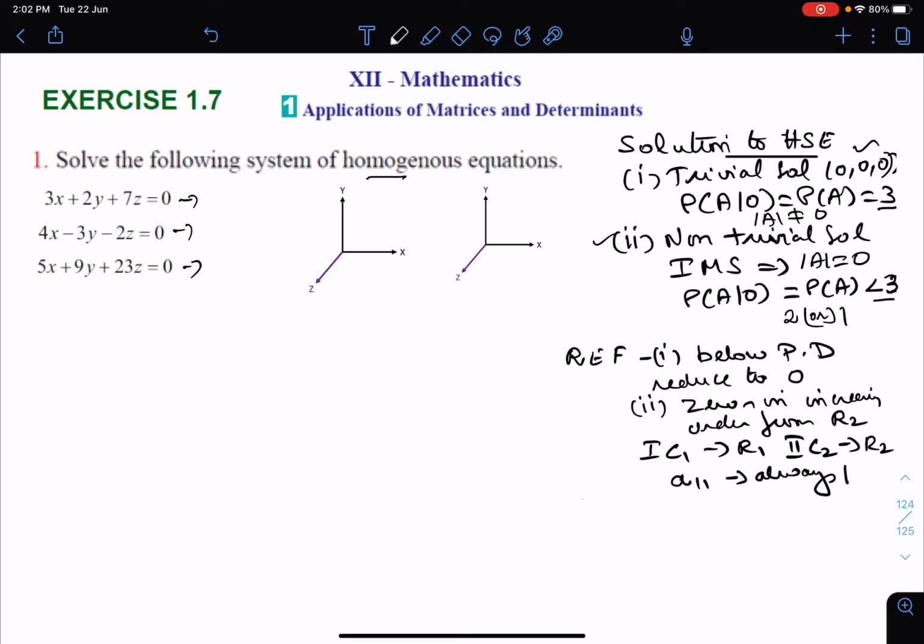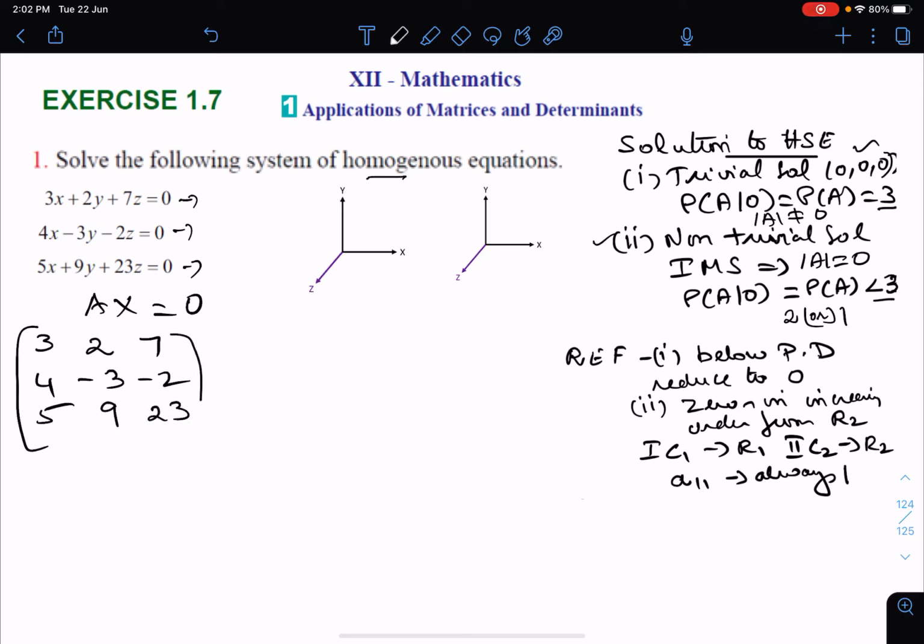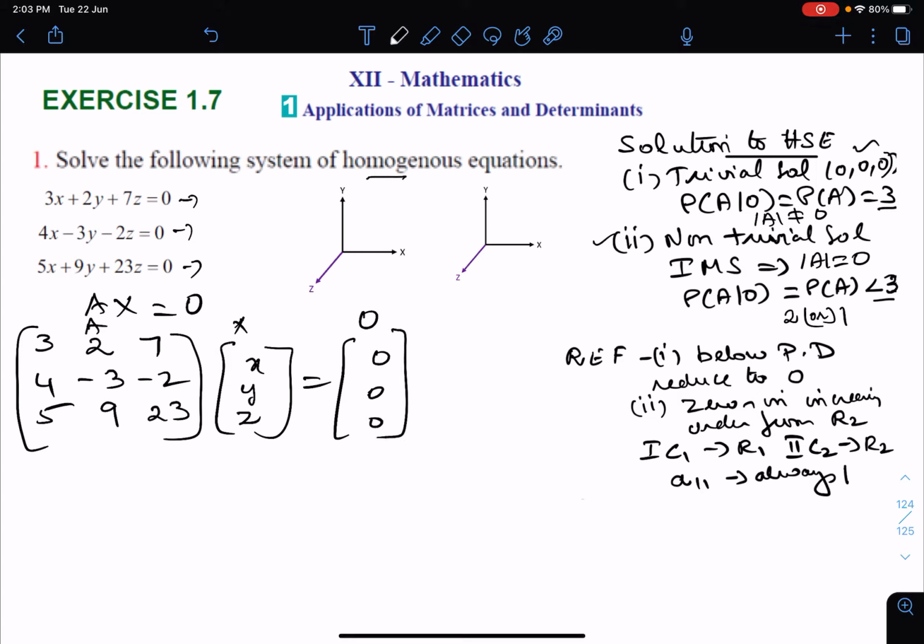Now we are going to write Ax equal to O. First step is Ax equal to O. What is our A? 3, 2, 7; 4, minus 3, minus 2; 5, 9 and 23. This is going to be our A. X is going to be our unknowns, x, y and z, and O is going to be our zero matrix, on the right hand side.